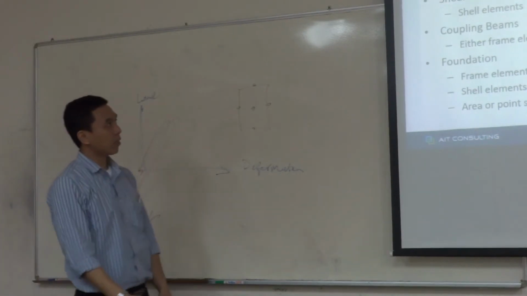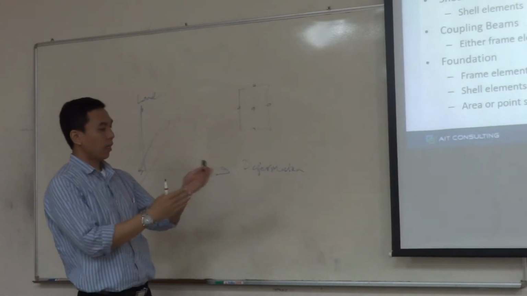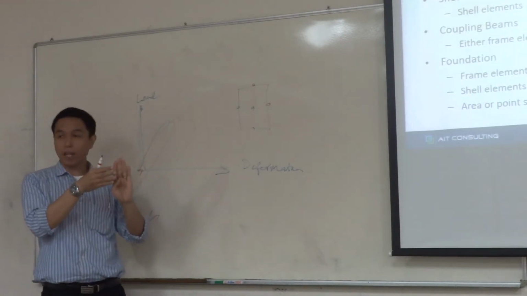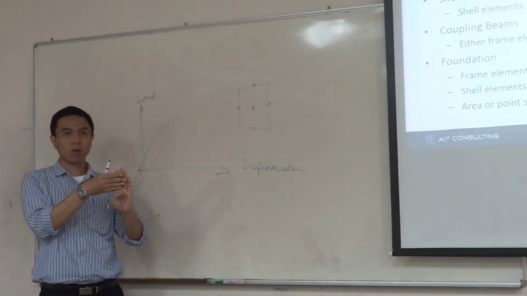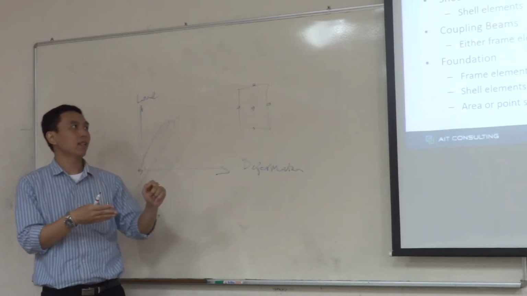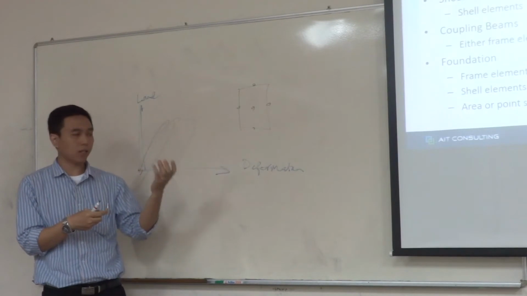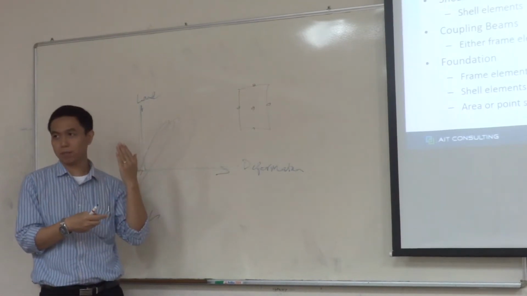And for the end length offset, it means when the beam and the column connect, there will be an overlapping area at the joint. That region is what we consider when we calculate the length of the beam.